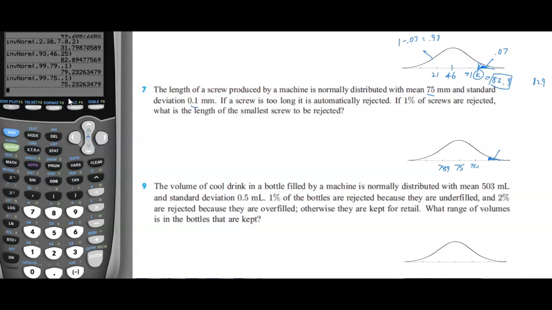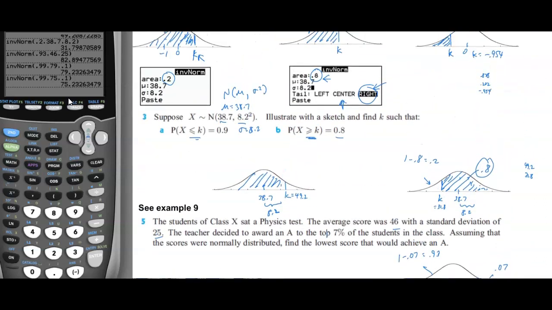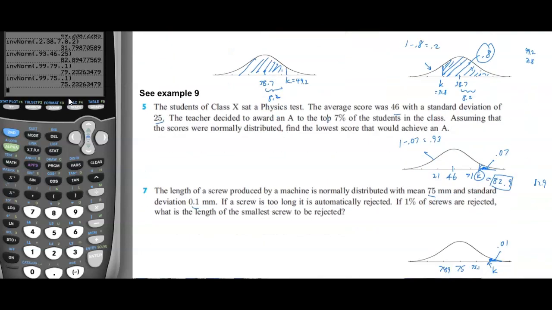So this, of course, is area 0.01, and this would be the smallest screw to be rejected, which would be length K. And since this is a right side area, if it was the CE calculator, we would type in 0.01 and say that it's a right side area. We would click right here.